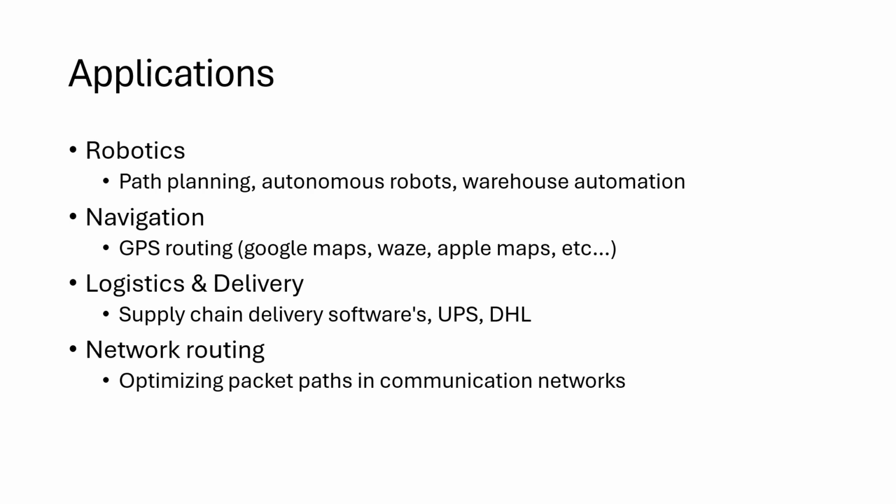Supply chain delivery software speeds up the transportation of these packages. For example, UPS and DHL certainly use algorithms like A-star to speed up their delivery process. And finally, network routing is a huge application. If we have a series of network communication devices, then we want to figure out the optimal path of how we can communicate from point A to point B.